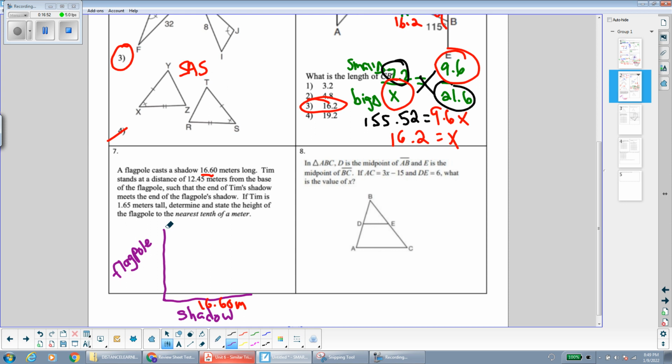Let me close this up here so we have a triangle. We're also told that Tim, so let me make Tim.